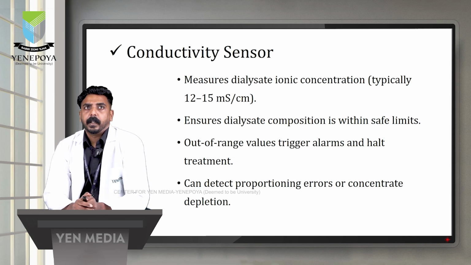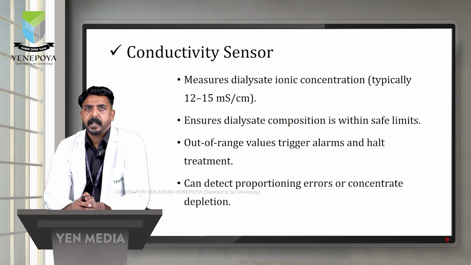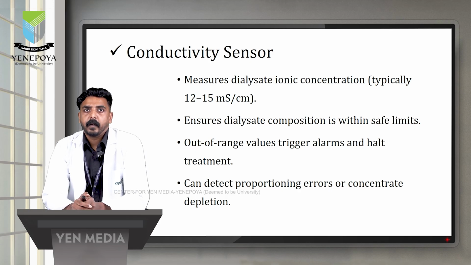Conductivity sensor. The conductivity sensor measures dialysate ionic concentration, typically 12 to 15 millisiemens per centimeter. It ensures dialysate composition is within the safe limit. Any out of range value triggers the alarms and halts the treatment. It can detect proportionating errors or concentrate depletion.